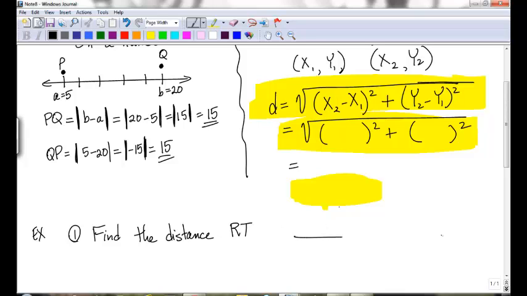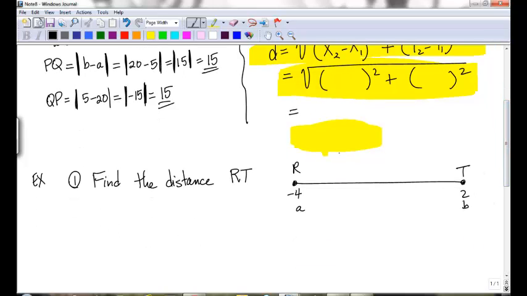Over here on a picture, R has negative 4, and that's A. And T is 2, and that's B in our formula. It's always alphabetical in the formula. So RT is the absolute value of A minus B, and it's negative 4 minus 2.